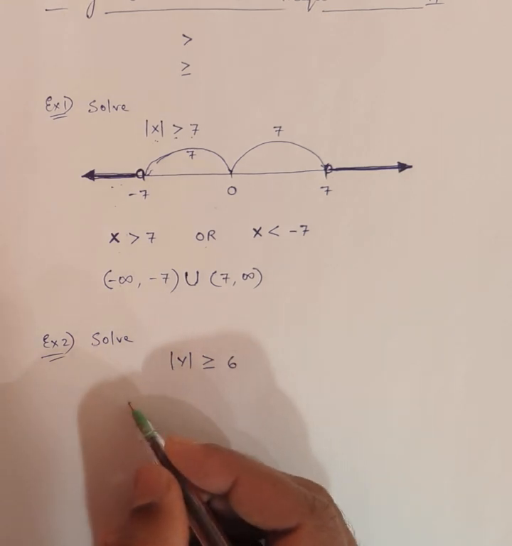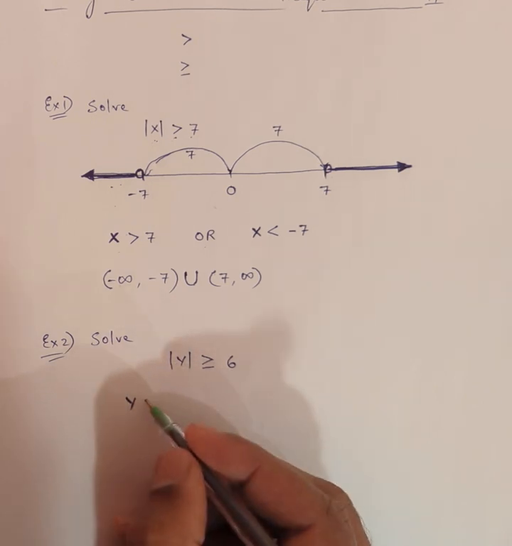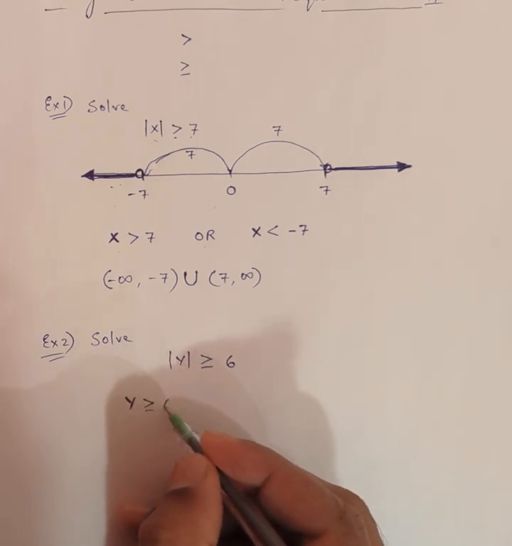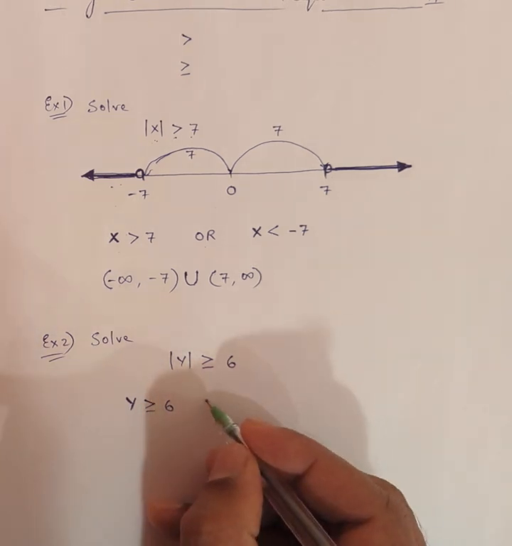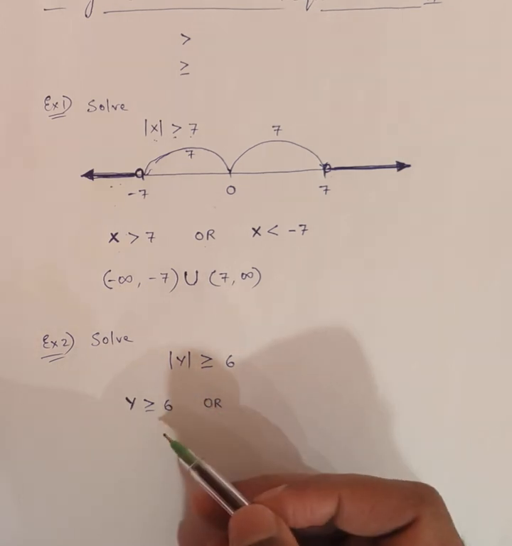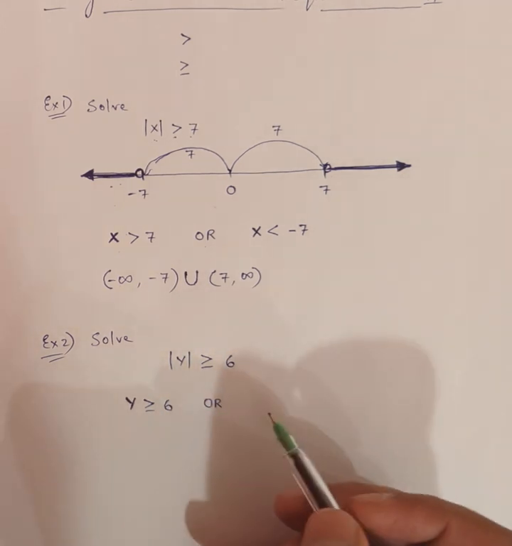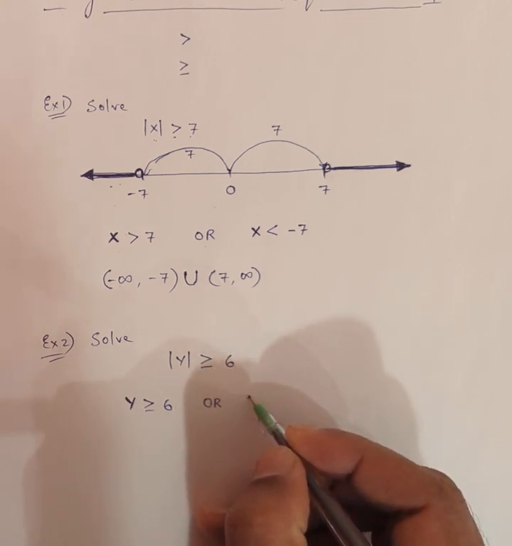So the solution consists of two parts. The first one would be y greater than or equal to 6. So simply remove the absolute values. That will give you one part of the solution. The other part would use the flipped inequality.